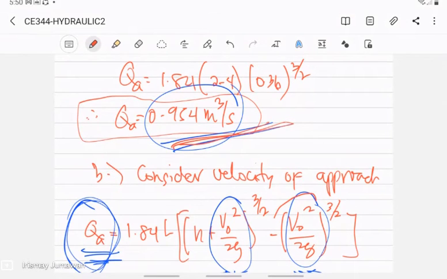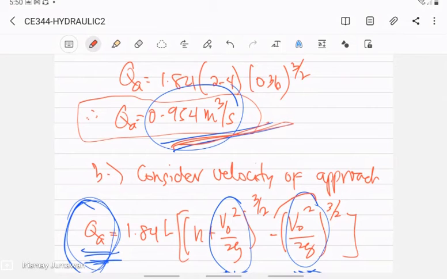If the assumed value of the discharge is equal to the computed value, that is the time to stop the solution. If the velocity you assumed equals the velocity computed, it means the computation is correct.